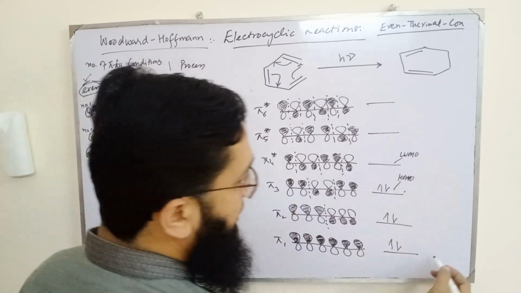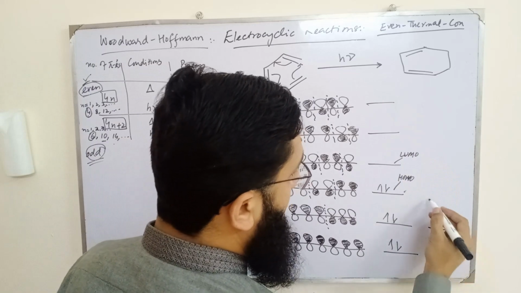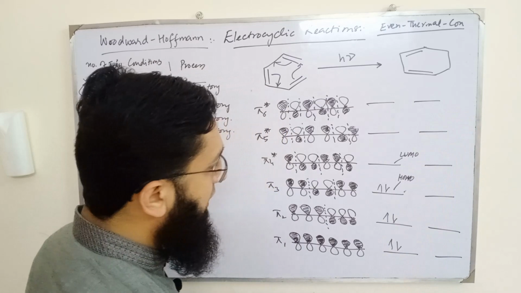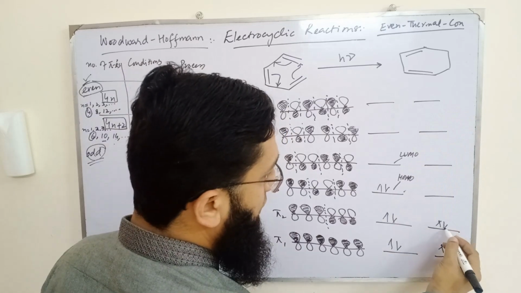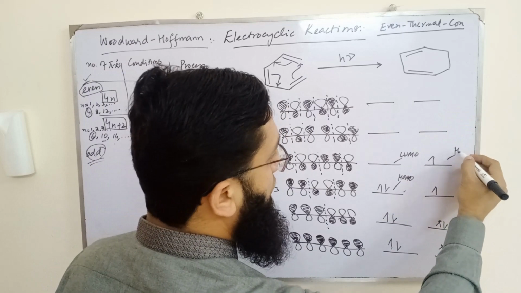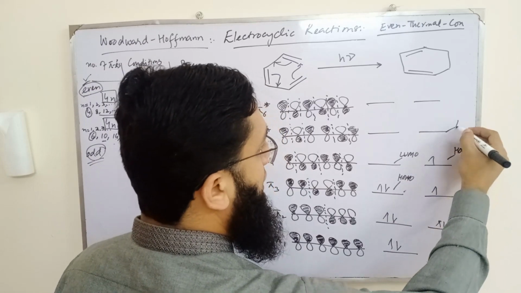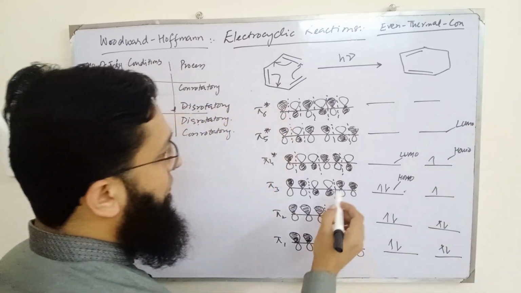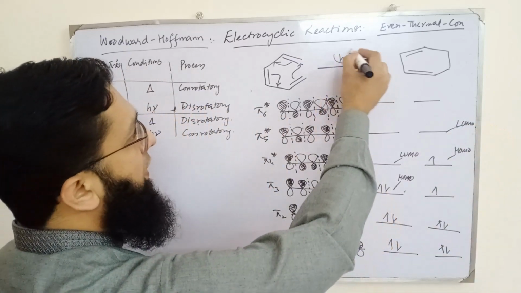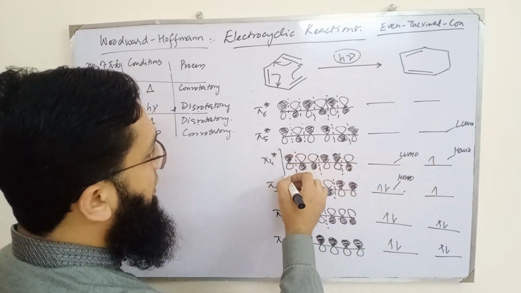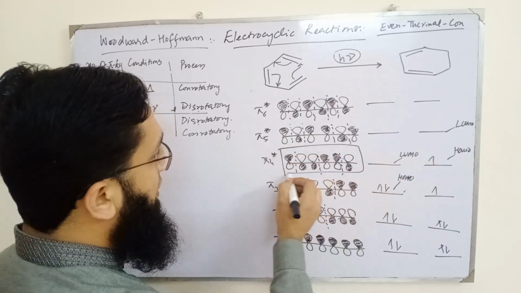Under photochemical conditions, one electron would be excited. This is HOMO. This is LUMO. And because the reaction is taking place under photochemical conditions, we will take this orbital.